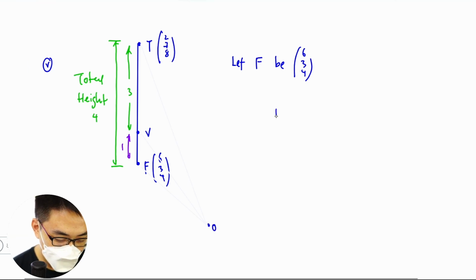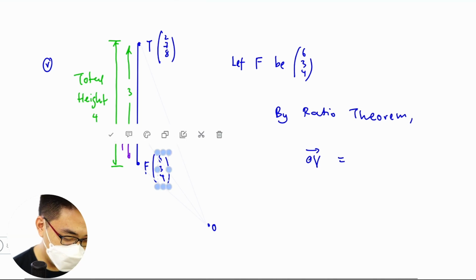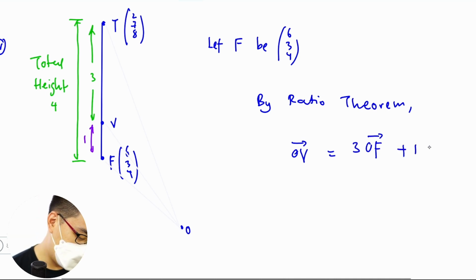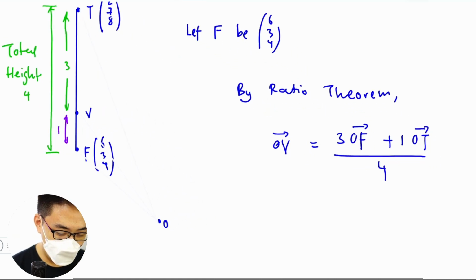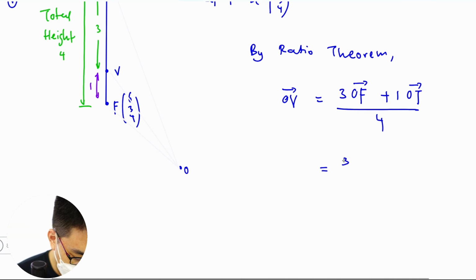So here, by ratio theorem, OV is equals to, the middle guy is always the subject. So OV is OF multiplied by 3 plus 1 multiplied by OT, over 4. We want to find, oh great, this is like 3, 4.